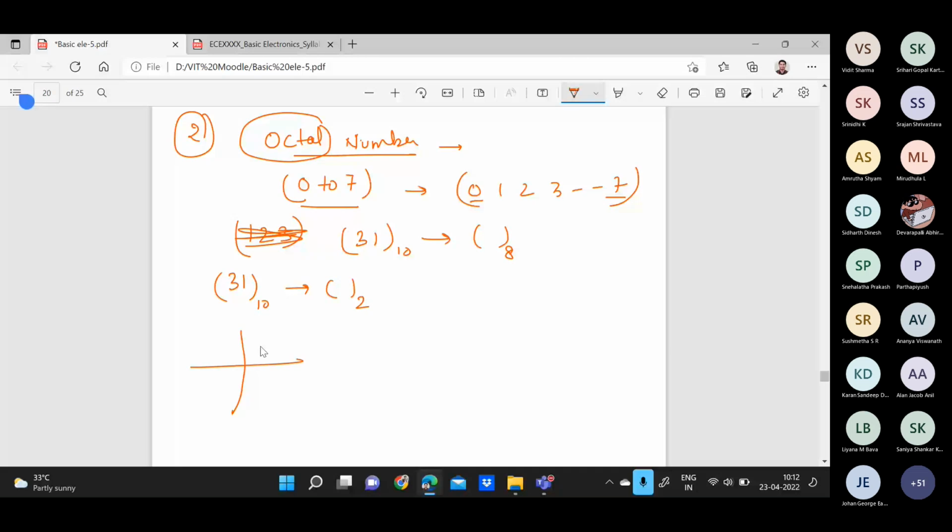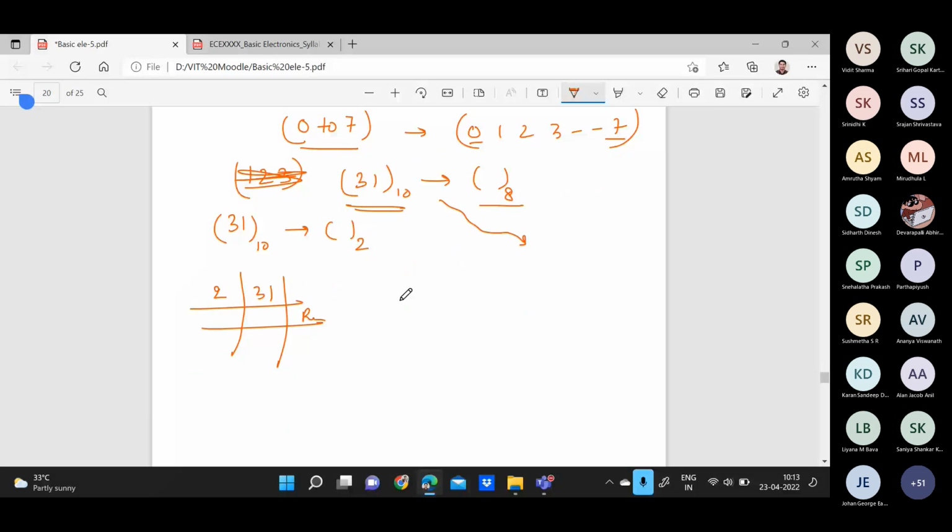Just divide it by 2, right? And we were checking the remainder here. The same procedure you have to follow here. That means the procedure will remain the same for converting any number from decimal to any other base, either binary, octal, hexadecimal and all other bases. The procedure will remain same.